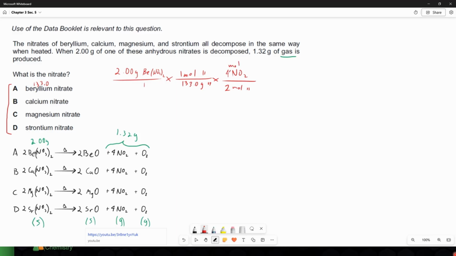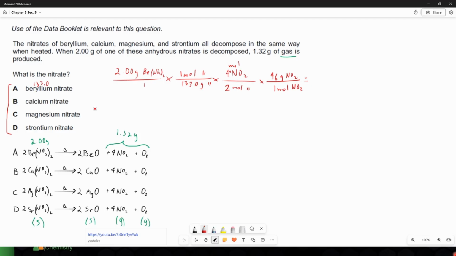Oops, forgot the mole. And the molar mass of NO2 is 1 mole of NO2 has a mass of 16 times 2 is 32, plus 14 is 46. So that's 46 grams of NO2.